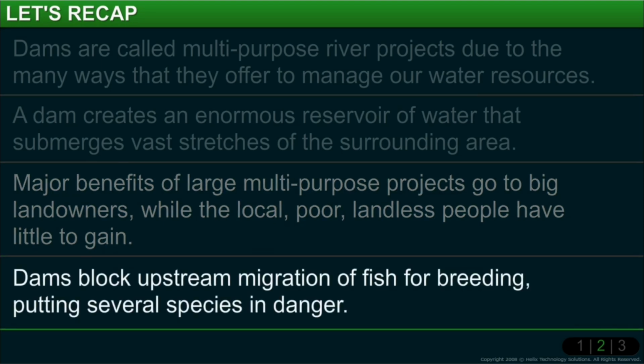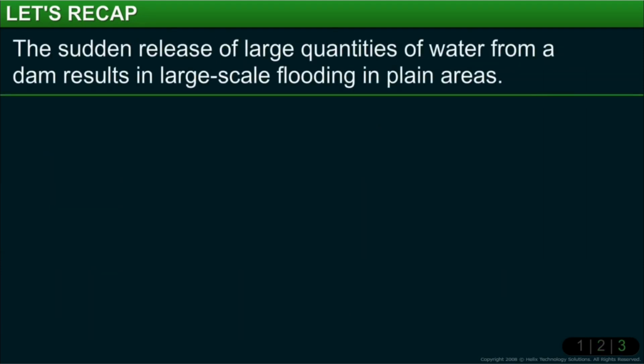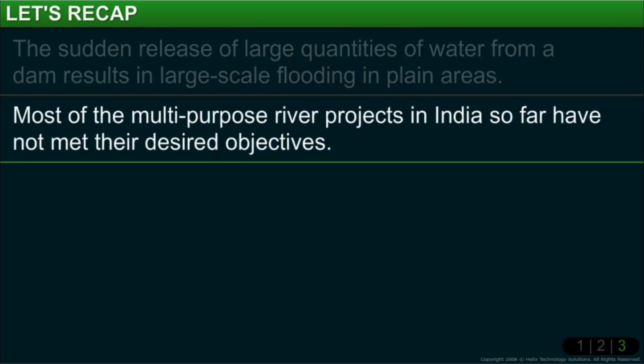Dams block upstream migration of fish for breeding, putting several species in danger. The sudden release of large quantities of water from a dam results in large-scale flooding in plain areas. Most of the multi-purpose river projects in India so far have not met their desired objectives.